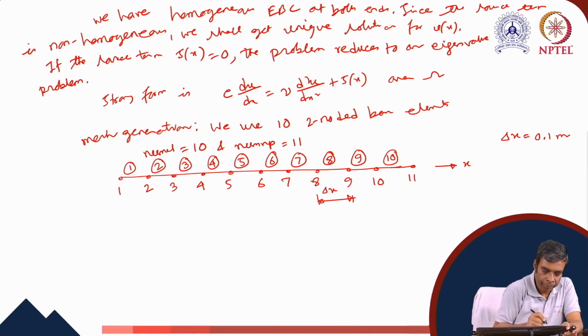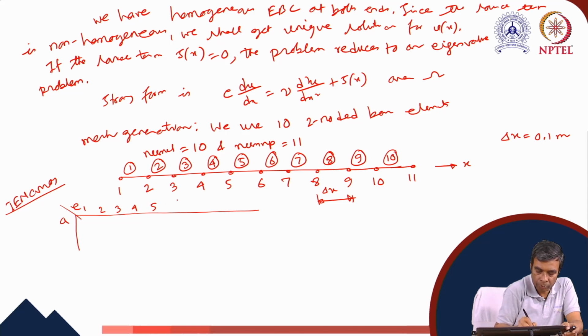So we generate the IEN array here. E is varying from 1, 2, 3, 4, 5, 6, 7, 8, 9, and 10. Our A is varying from 1 to 2.